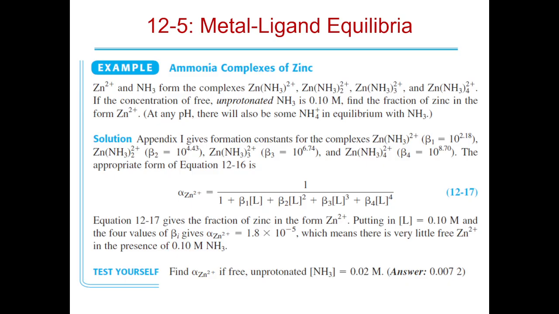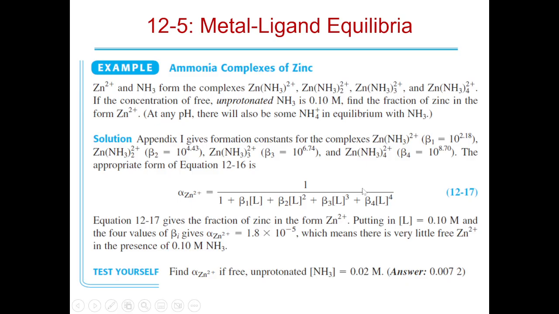You get the idea. Plug those in, do the math. We'll get that the fraction of free Zn2+ is 1.8 times 10 to the negative 5. And so what we see is there is very, very little Zn2+ in the presence of 0.1 molarity ammonia.